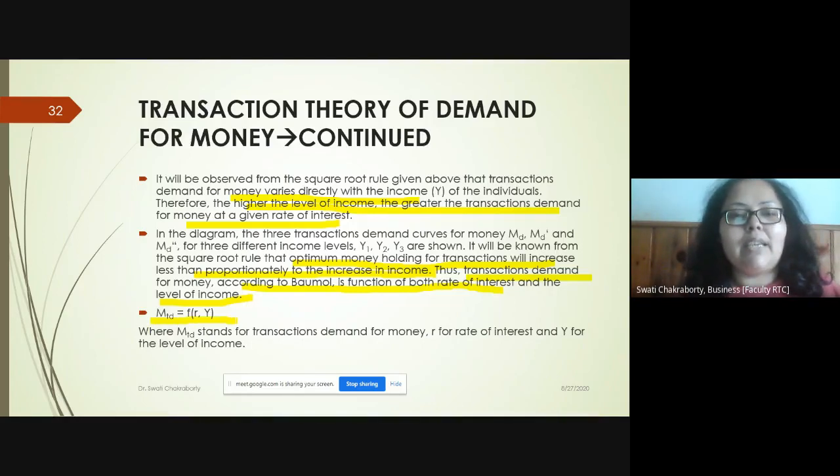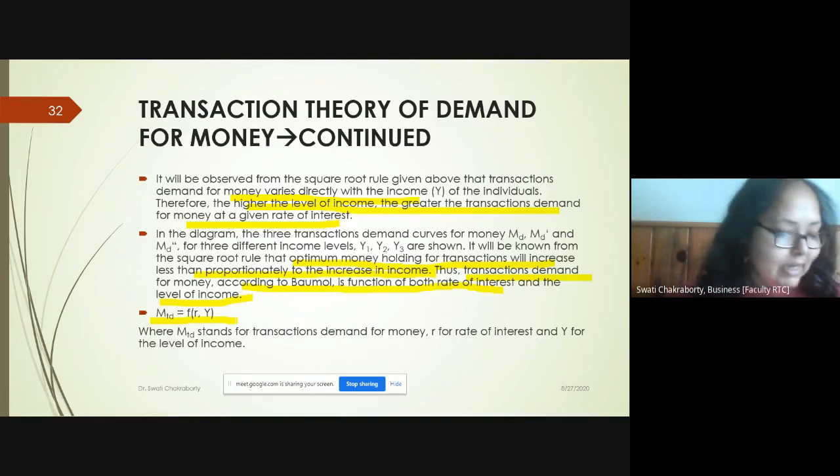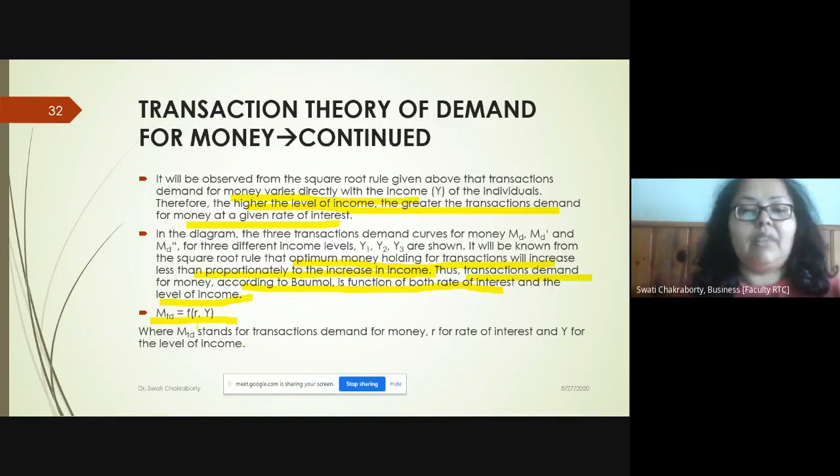So MD, the transaction demand for money, is a function of both the rate of interest as well as the level of income, where MD is transactions demand for money, R is the rate of interest, and Y is the level of income.